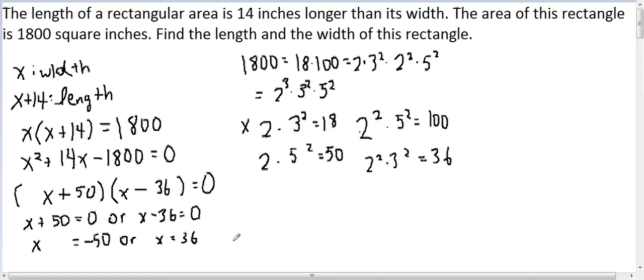Since lengths are positive, we can eliminate the answer minus 50. So we know that the width is equal to 36 inches, and the length is 36 plus 14, which is equal to 50 inches long.